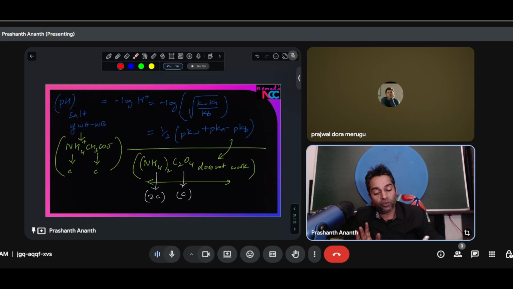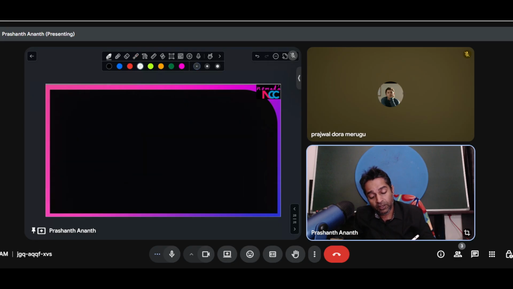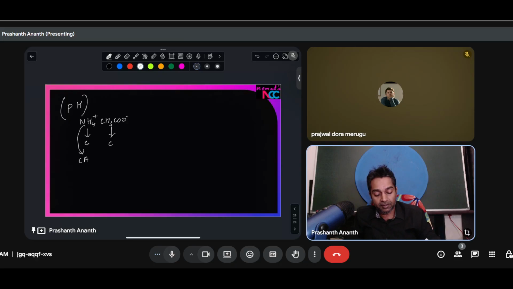Now, this equation is a very powerful equation. This is the next equation which you have to memorize here. So, let me explain why. Let me explain what is the idea over here. So, NH4+ CH3COO-, C and C. In this case, this guy is the conjugate acid. We can say this conjugate acid is similar to a weak acid.